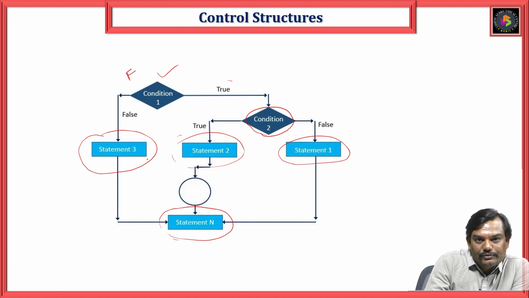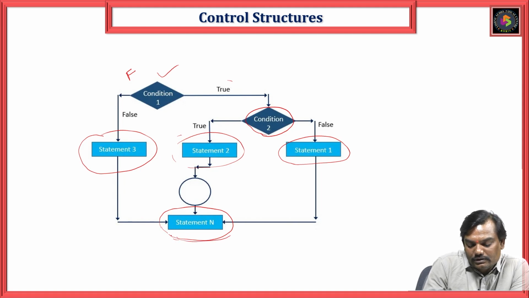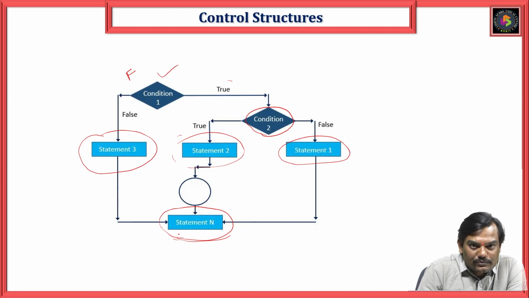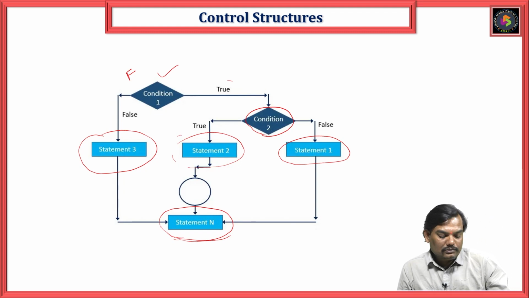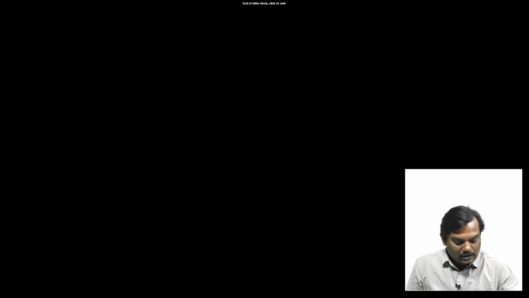After executing the statements in the outer else block, the control travels out of the block and the statements that follow the nested block get executed. So this is how we make use of the nested if statement in our program.